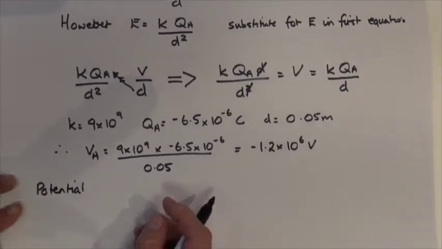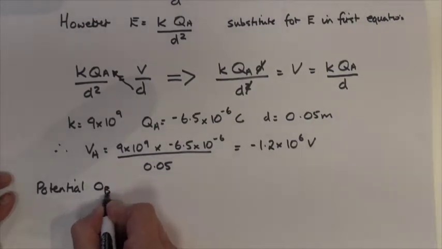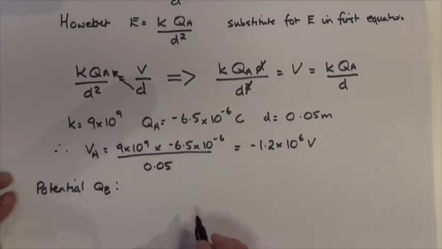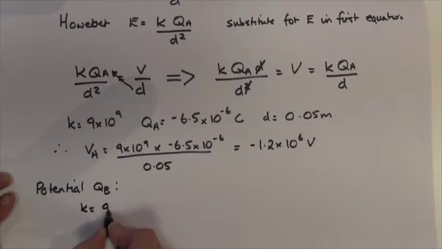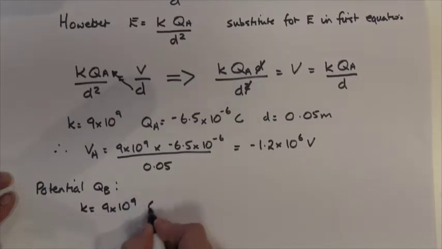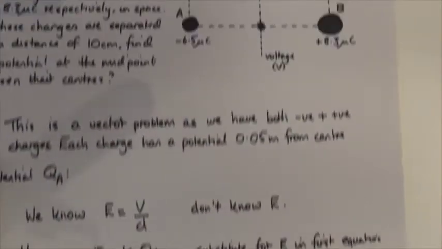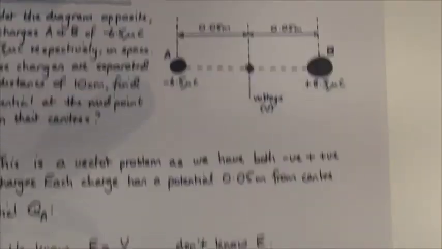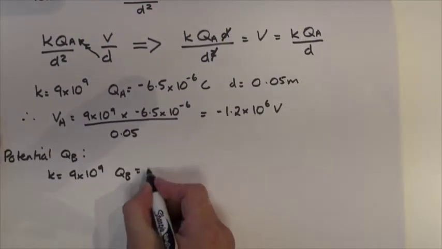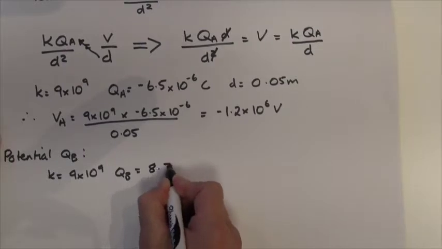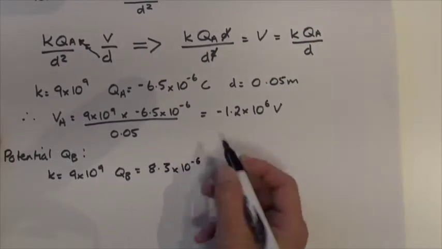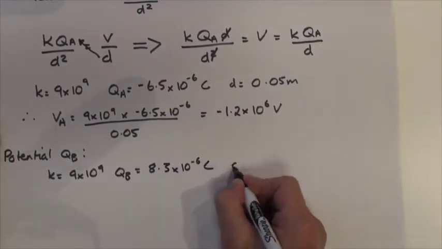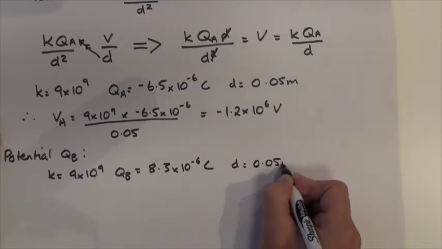Now we'll look at the same potential for QB, or charge B. I use the same equation. I know what K is. I know what the charge of B is. It's positive 8.3 microcoulombs, or 8.3 times 10 to the negative 6 coulombs. And I know my distance is going to be 0.05.